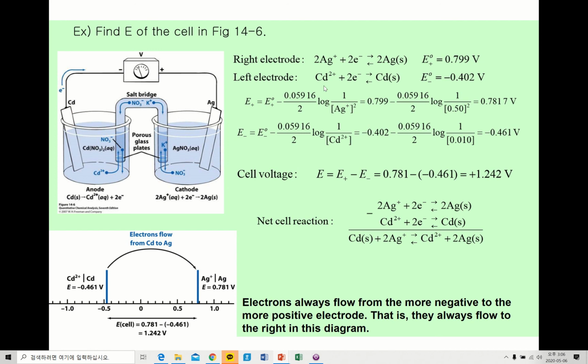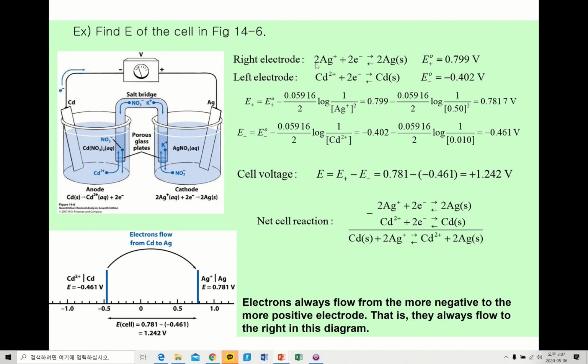But you see, we simply write it in reduction form, and then we write the Nernst equation, and finally we subtract the left hand side from the right hand side. E plus equals 0.799 minus 0.05916 divided by 2, times log of 1 over the silver concentration squared.